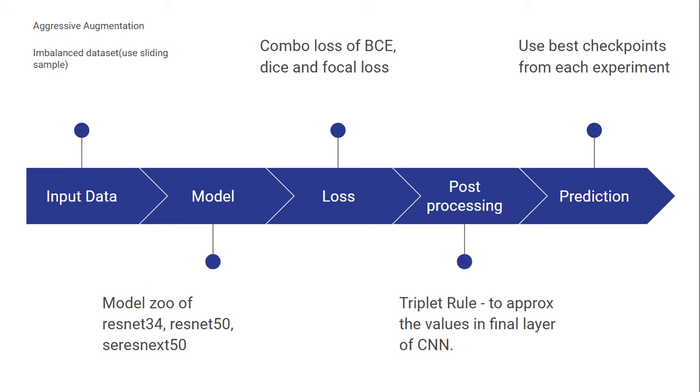After training the model, the output has been post-processed using the triplet rule. This triplet rule is used to approximate the values in the final layer of the CNN.